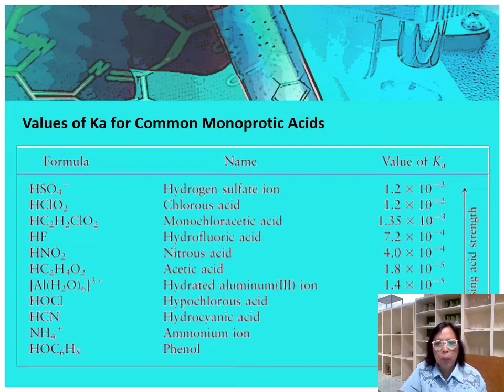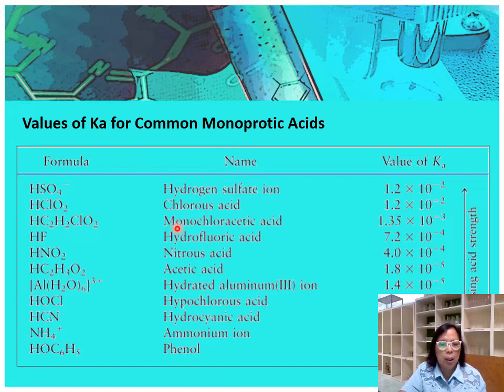Okay, here are some monoprotic acid. And their concentration, the Ka value, you can see here, it is going upward. The strength or the Ka, the trend is going upward. So, you have the hydrogen sulfide ion.